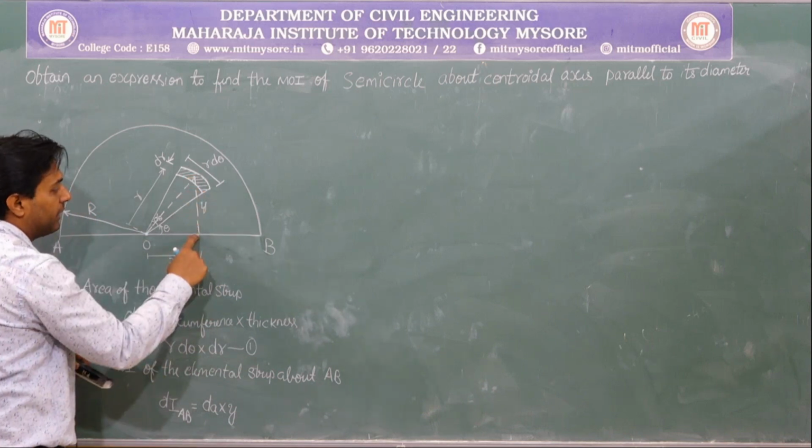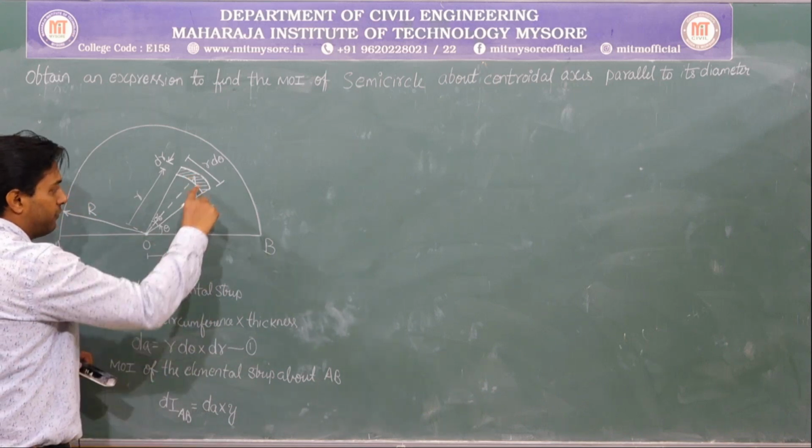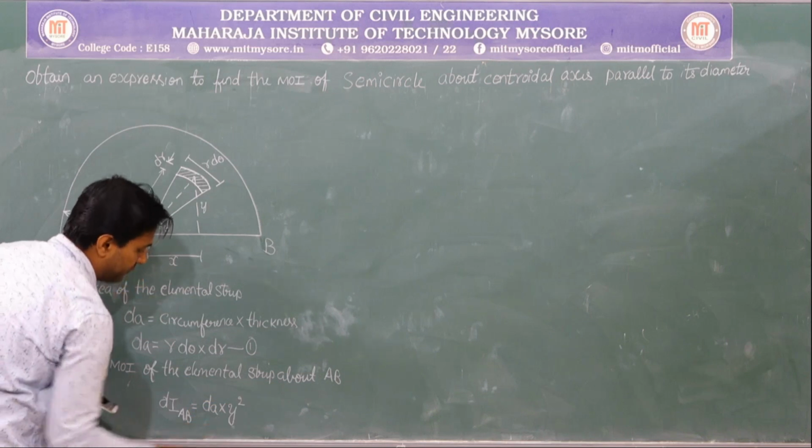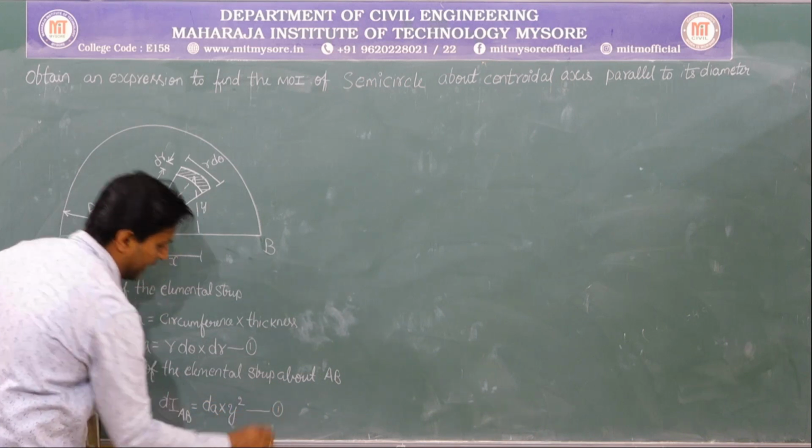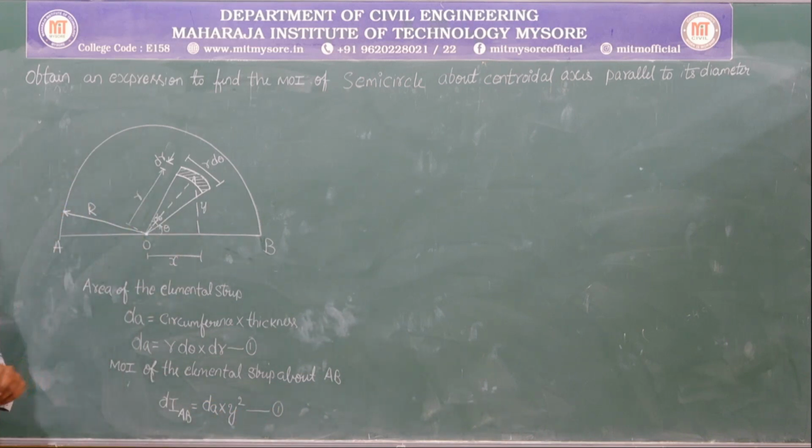The distance of this from AB is y, so it is y square.